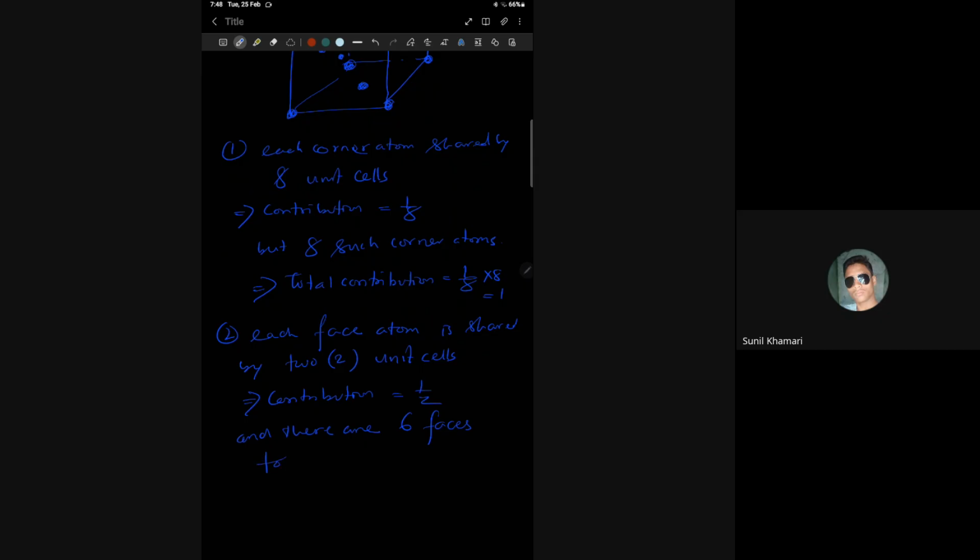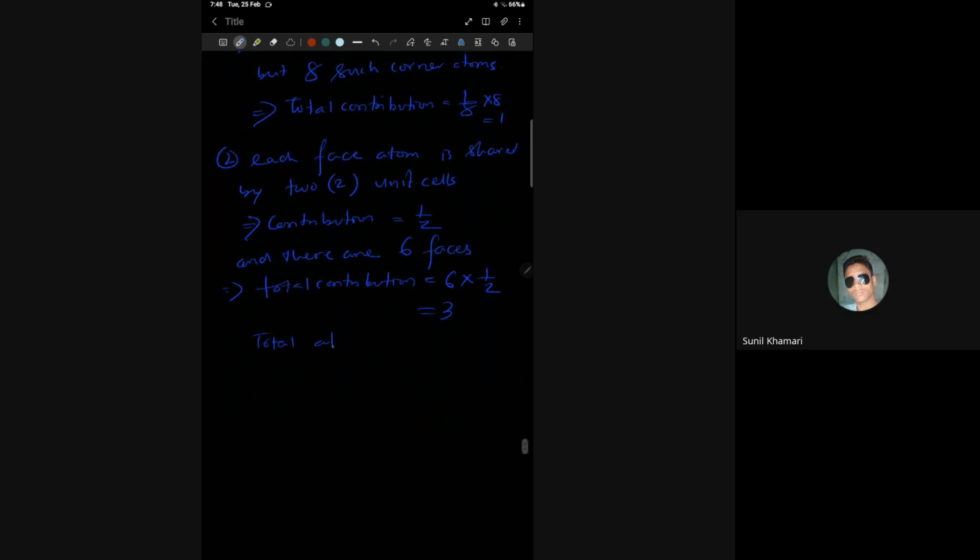So the total contribution is equal to 6 into 1 by 2 is equal to 3. So total atoms per unit cell is equal to 3 plus 1 is equal to 4.